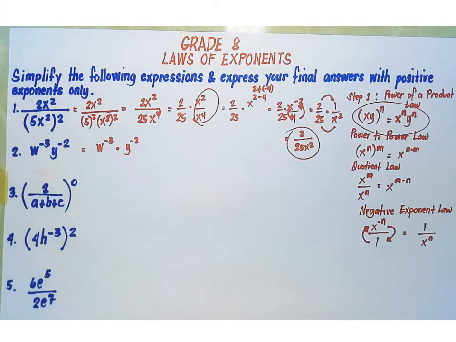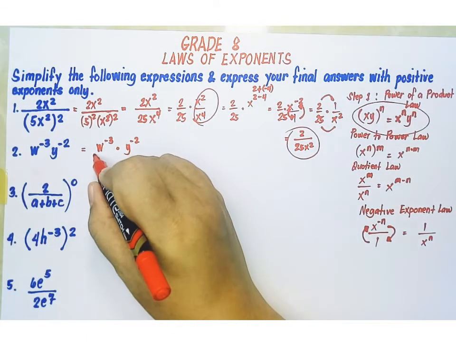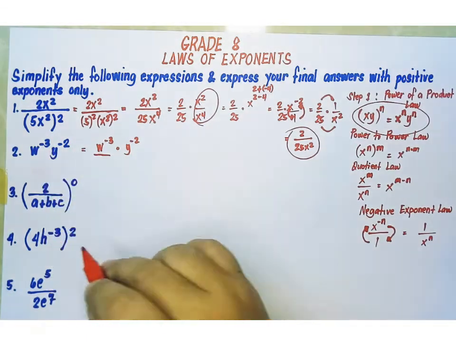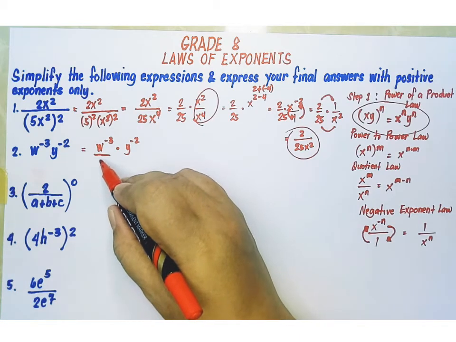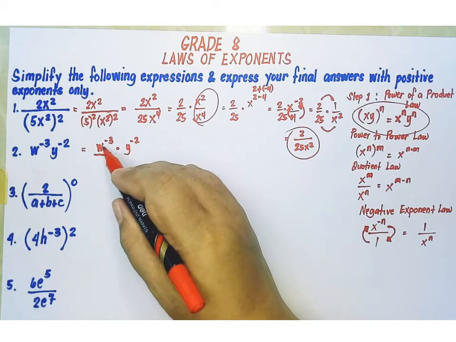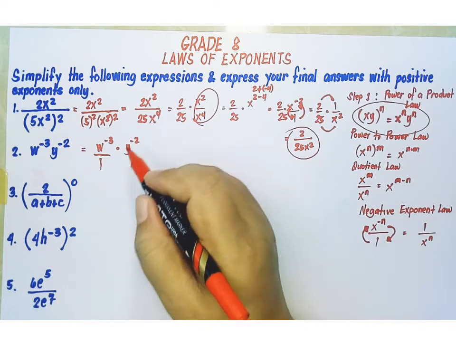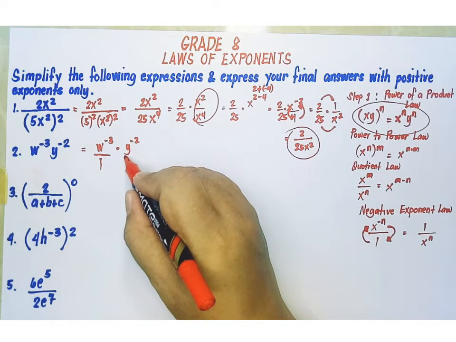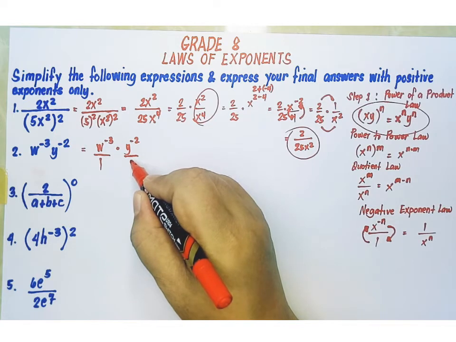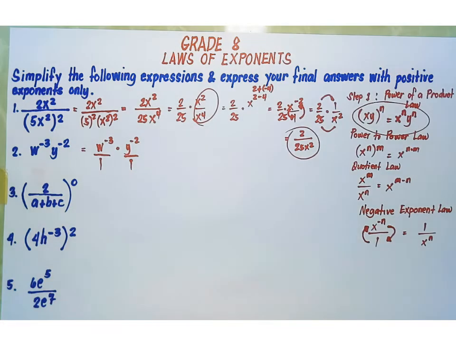And we can also put the invisible denominator. w raised to negative 3 can be written as w raised to negative 3 over 1. So, itong y raised to negative 2 also has an invisible denominator of 1. So, isusulat natin.